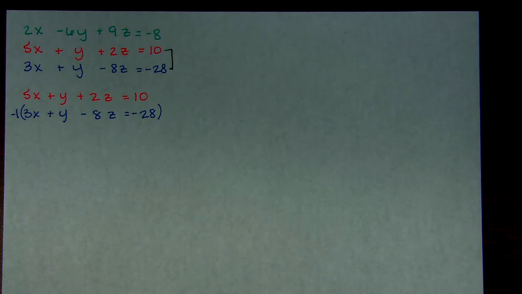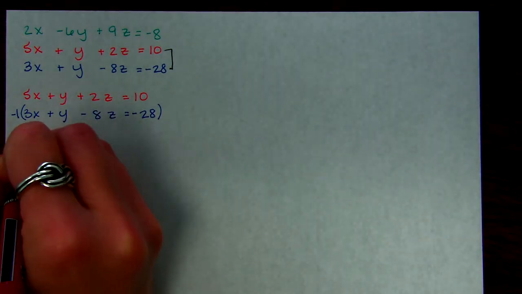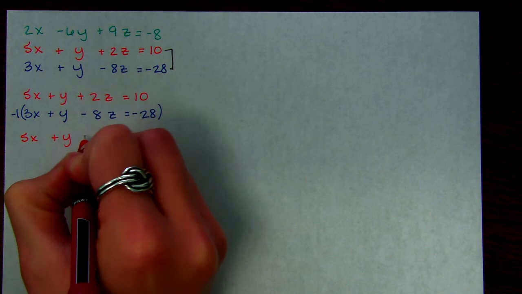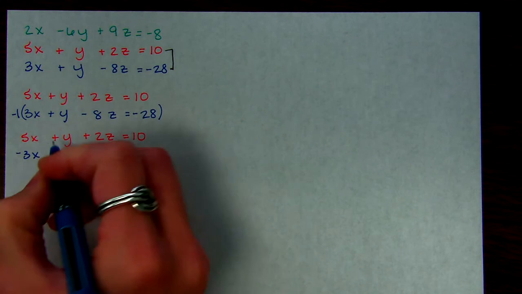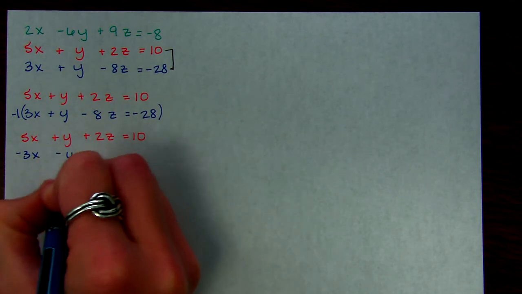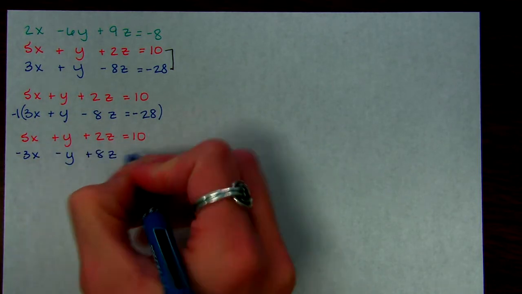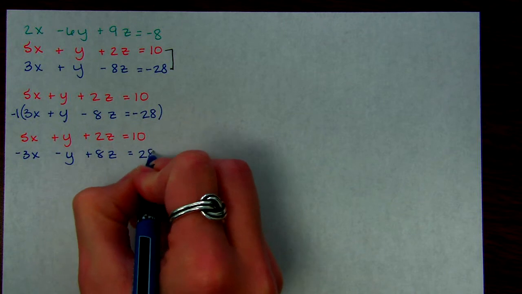And so when I do that, I get the same equation on top, 5x plus y plus 2z is equal to 10. And then the bottom equation becomes negative 3x minus y plus 8z is equal to 28.